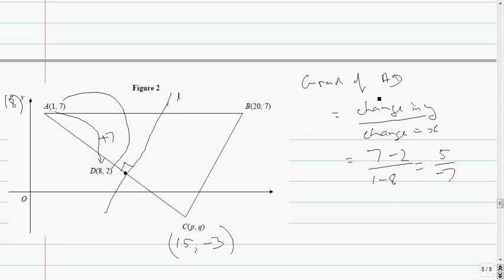That's the gradient of AD. Therefore, the gradient of DE, which is perpendicular, is equal to, flip it upside down so it's 7 over 5, and change the sign.